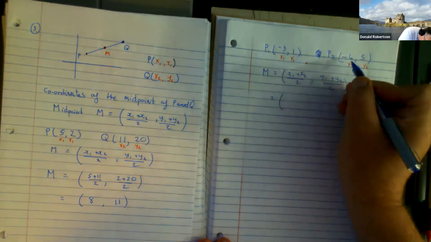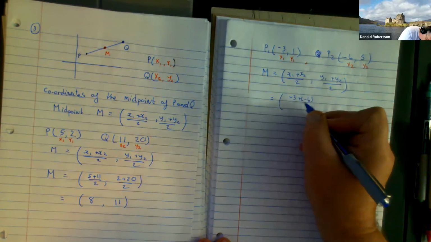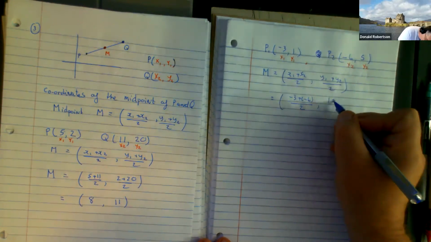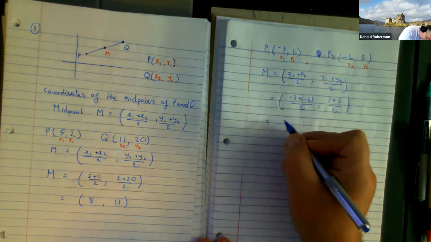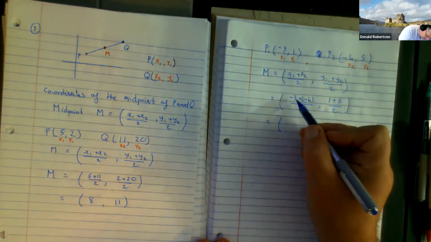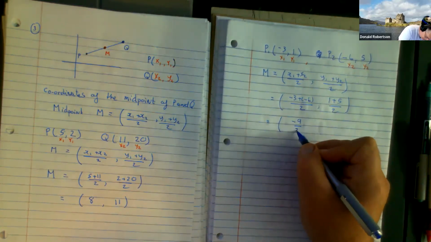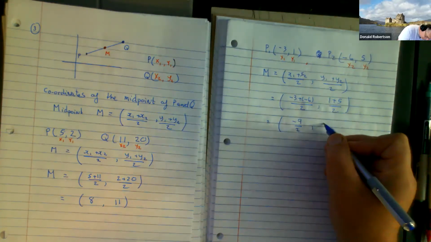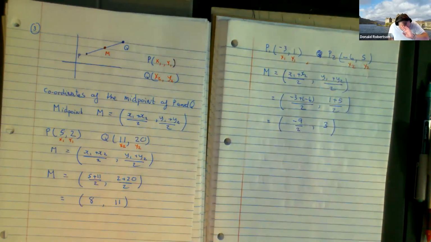It's -3 add -6, and then you have it. And it's 1 add 5, and then you have it. -3 add -6 is essentially -9, and 1 add 5 is 6, and 6 divided by 2 gets you 3, and that's the answer.